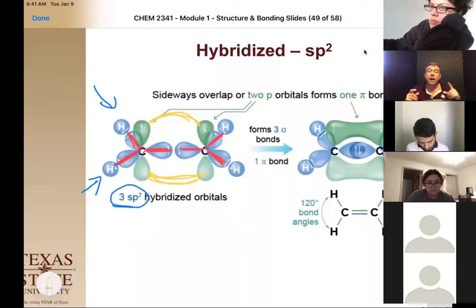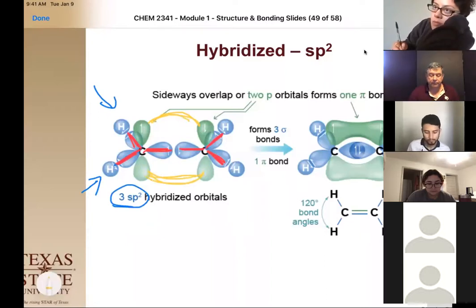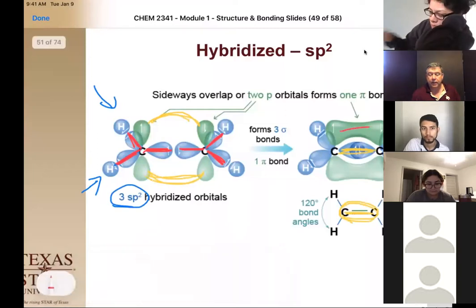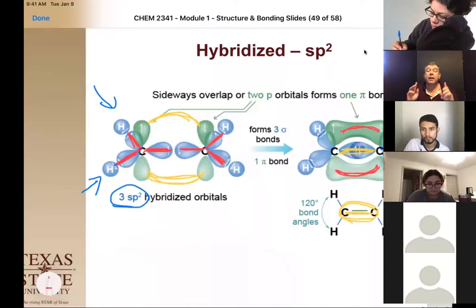We call that a pi bond, and we call that an overlap bond because it's up and over the sigma bond. And so that's how we get to this second bond in ethylene. The first bond is a sigma bond made by orbital overlap, and the second bond is above and below that sigma bond because those two p's are going to overlap together.